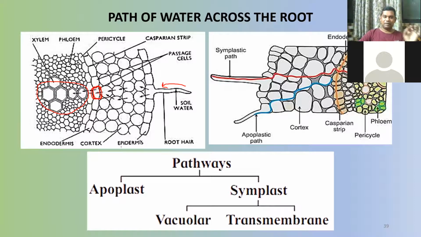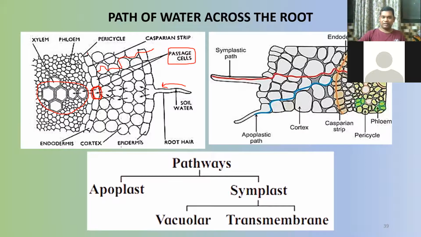That particular cell is called the passage cell, of the endodermis, which is in contact with the xylem. If water comes through the passage cell, it will go into the xylem. Suppose the water comes from this side, and goes to another endodermis cell by chance, it is possible.